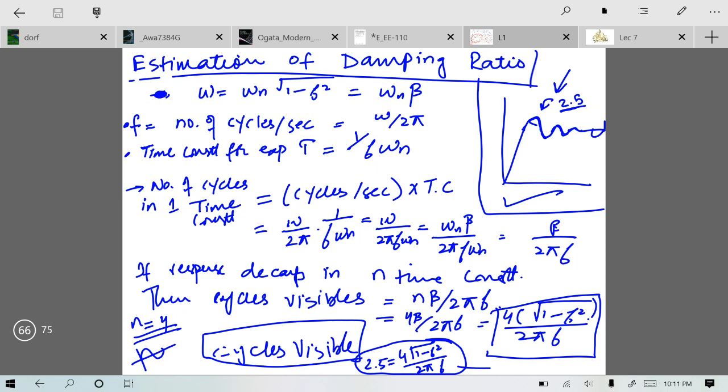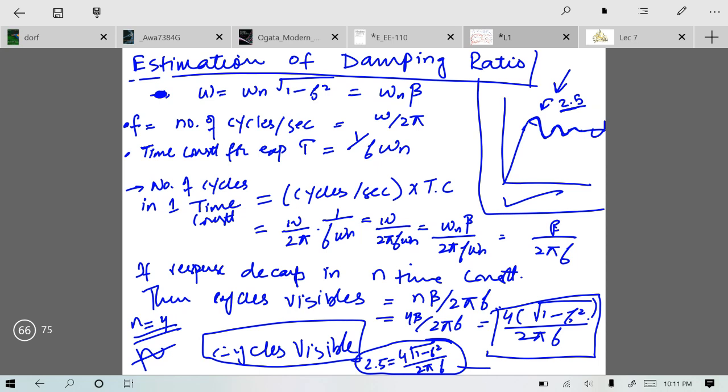By the way, the important thing about the damping ratio is that you only need to know its range. In the previous lecture or in the lab session that you have already done, you might have seen that zeta can be equal to 1, less than 1, or greater than 1, so the range of zeta is important.